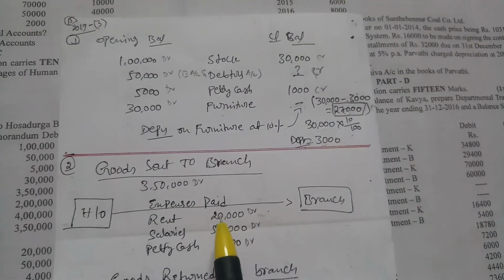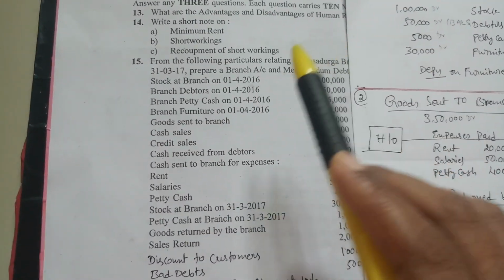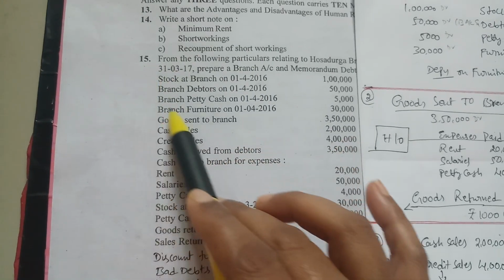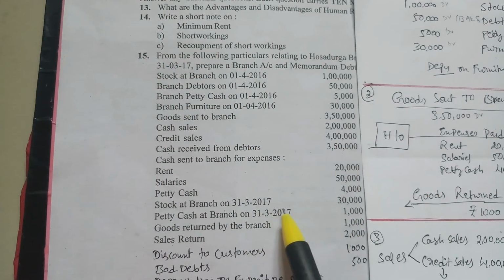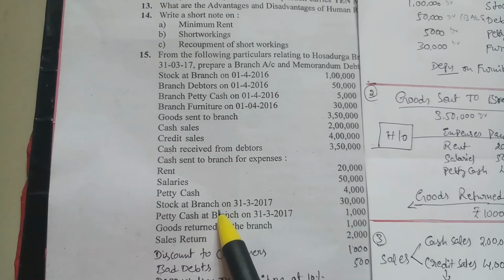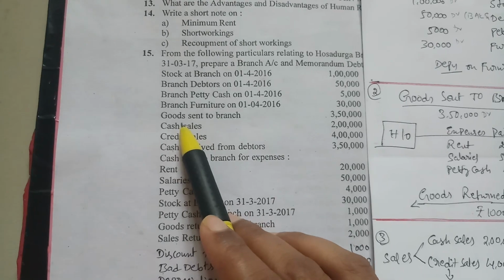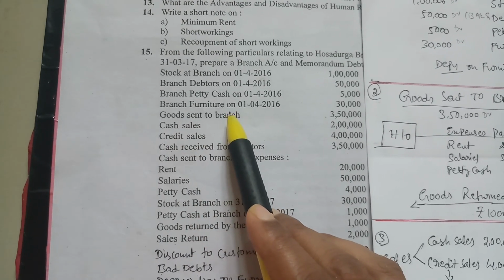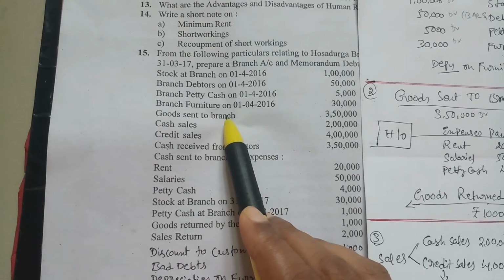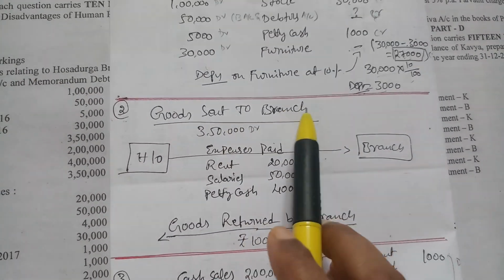Part 2 is goods sent to branch. Here the opening and closing items are already over, so now I'll take the goods sent to branch. How much did they send?